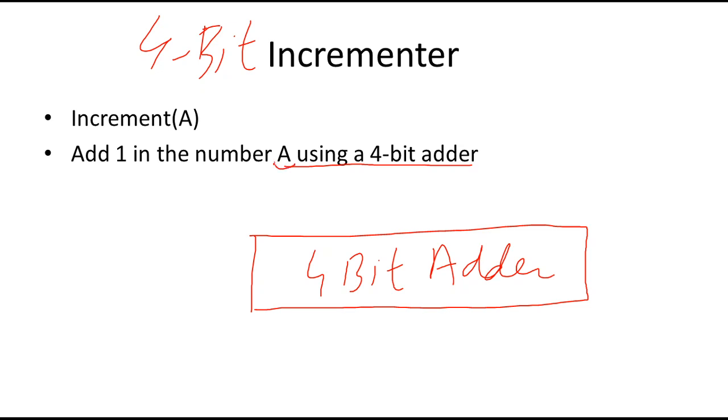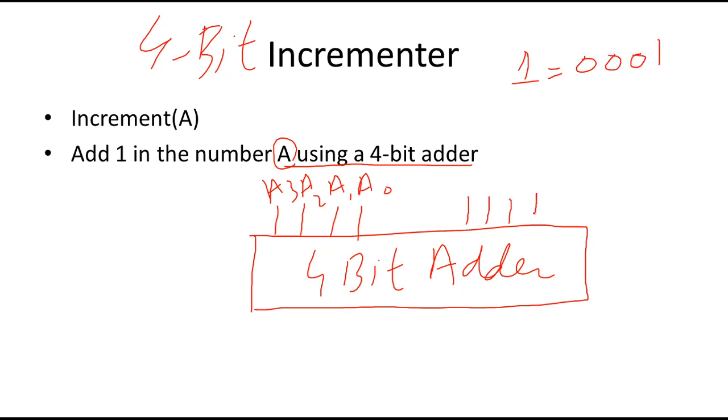and we have to increment a number A, so it has 4 bits, A0, A1, A2 and A3, and the binary representation of decimal 1 in 4 bits is 0001.